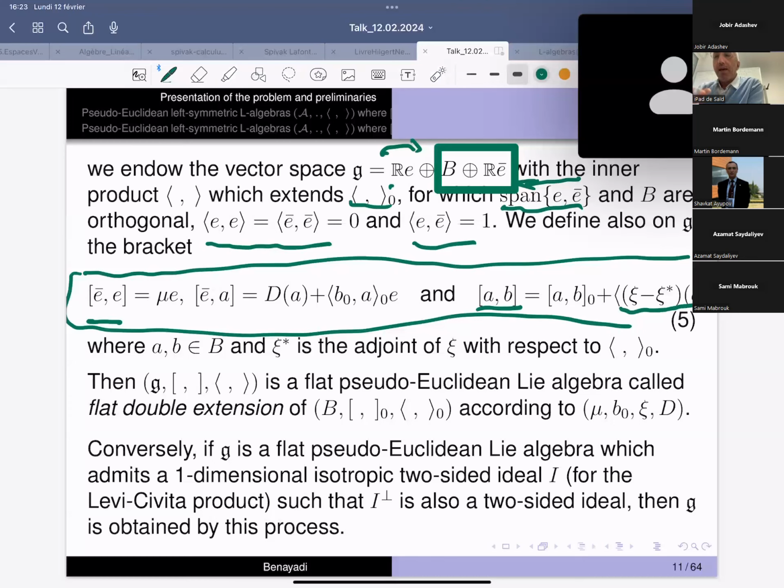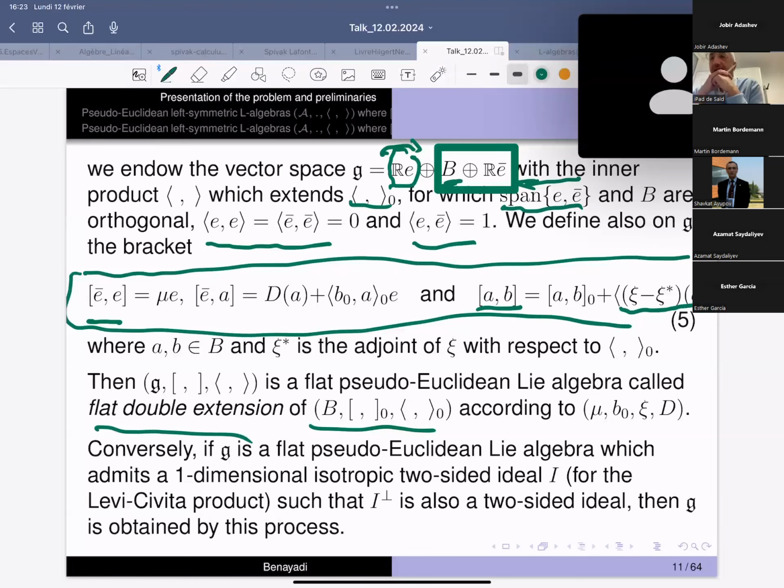And this new Lie algebra is also a flat pseudo-Euclidean Lie algebra, and is called the flat double extension of B. It is called a double extension because we have two extensions. It is the double extension of this one by a one-dimensional Lie algebra.